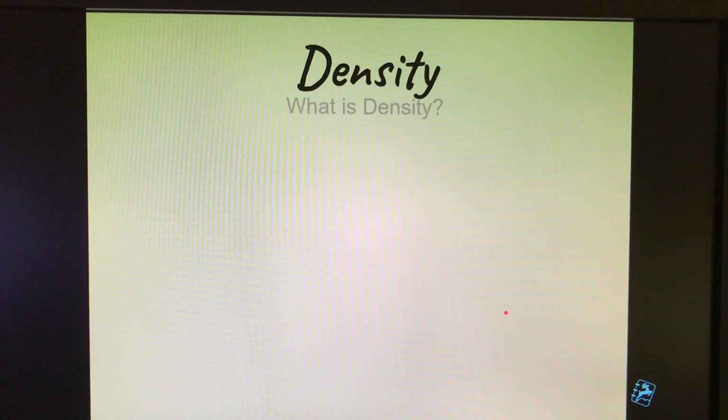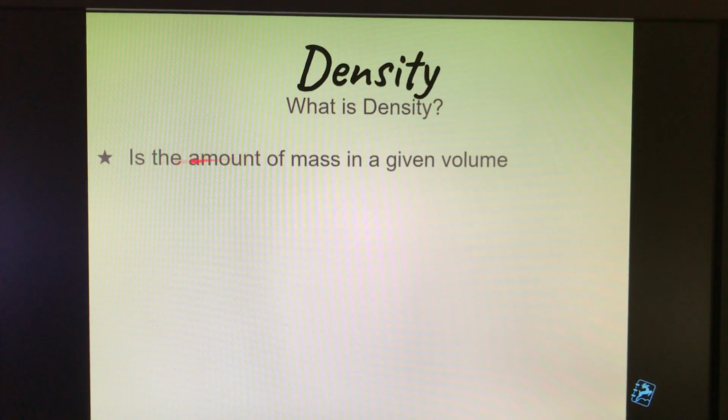Density. What is density? Density is the amount of mass in a given volume. And that can actually sound a little bit confusing. So let me tell you another way of looking at it.